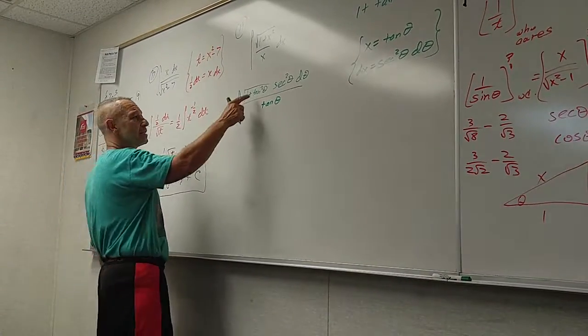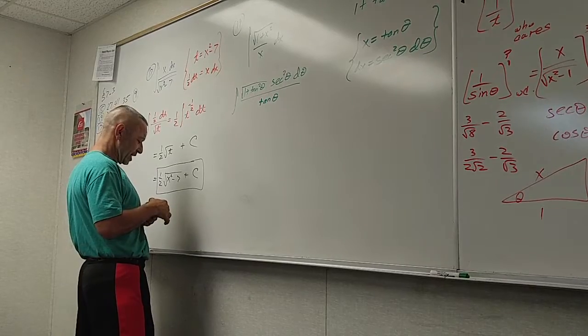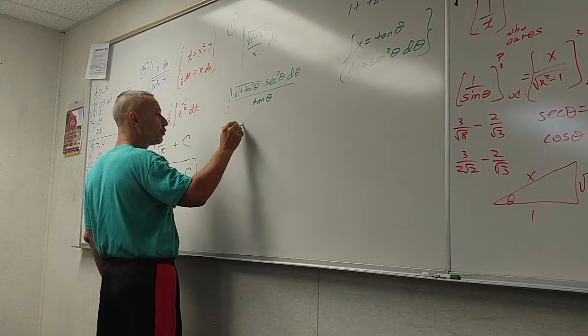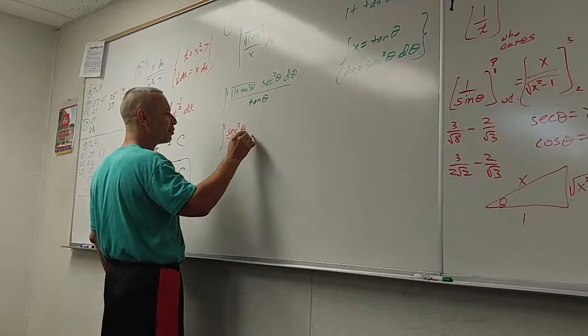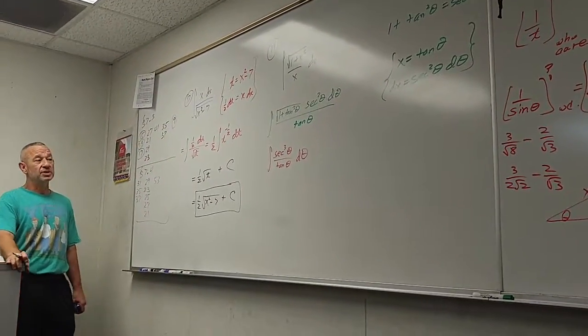So, goodness, that's another secant, isn't it? So secant cubed over tan theta. This doesn't look like one of the sorts of situations that their little table telling you how to proceed is going to cover.